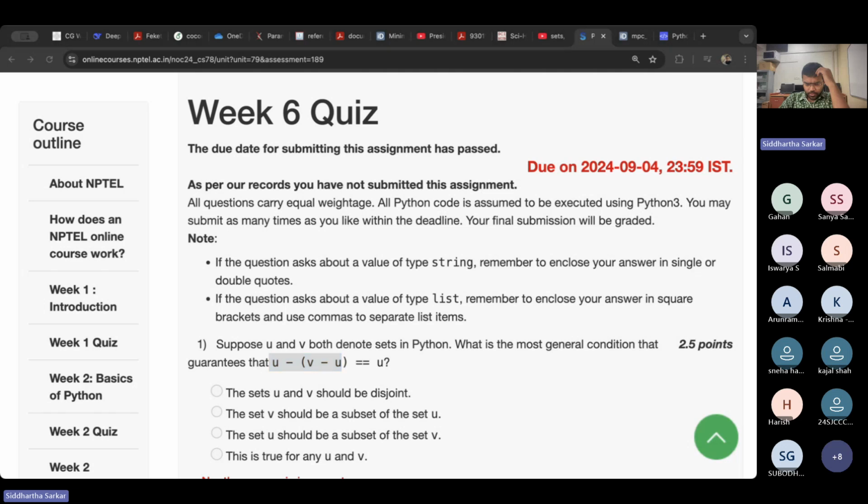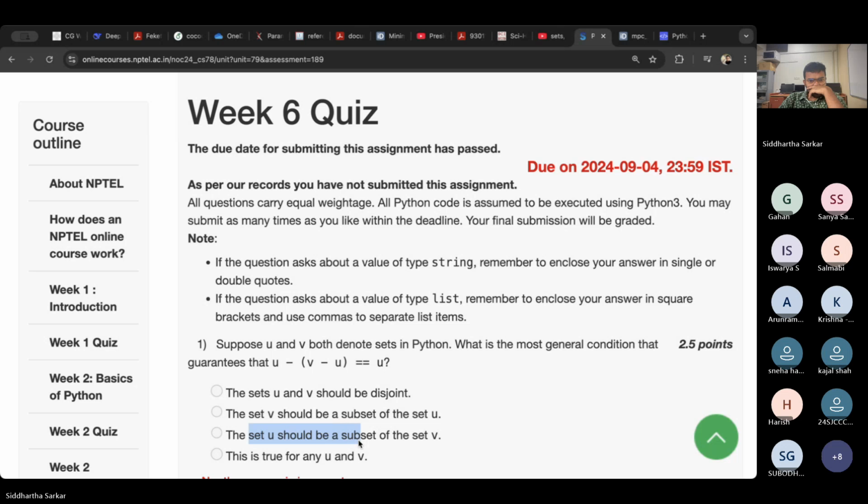Let's see, there is some message on the chat box. I will check that. Salmabi says option 3.